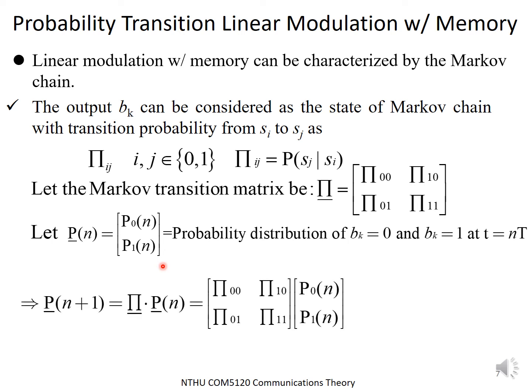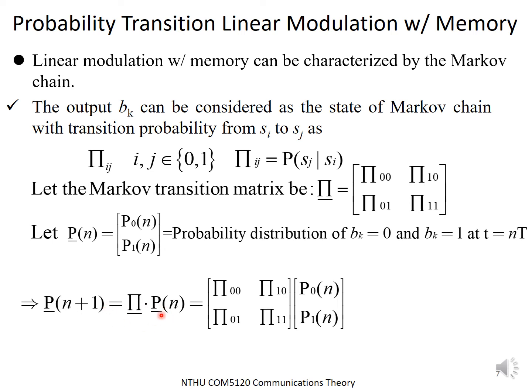Then we can see that the transition from time n to time n plus 1 is related by the Markov transition probability matrix.